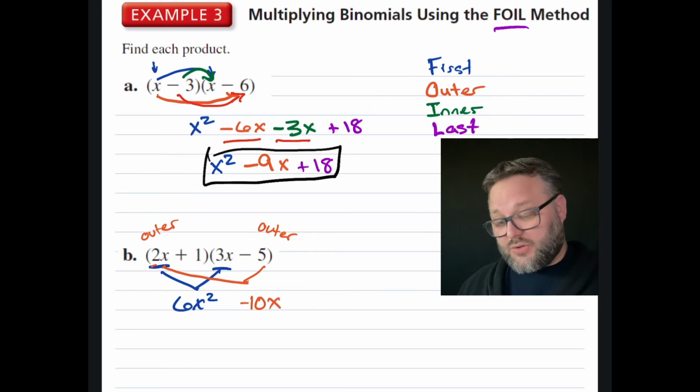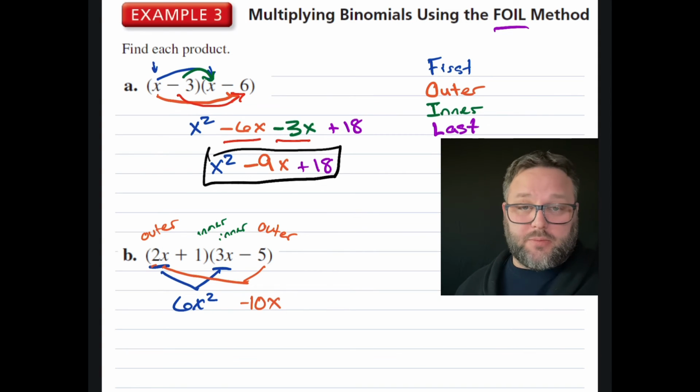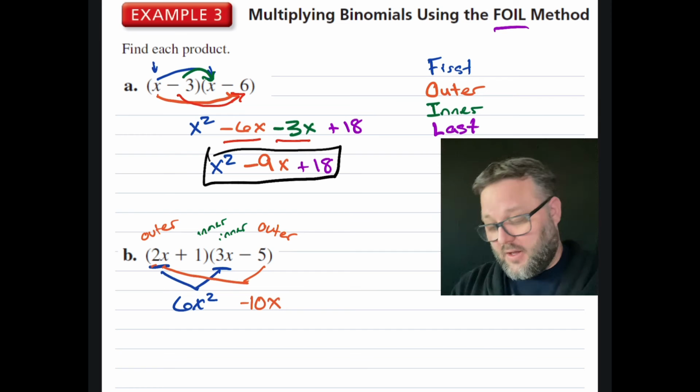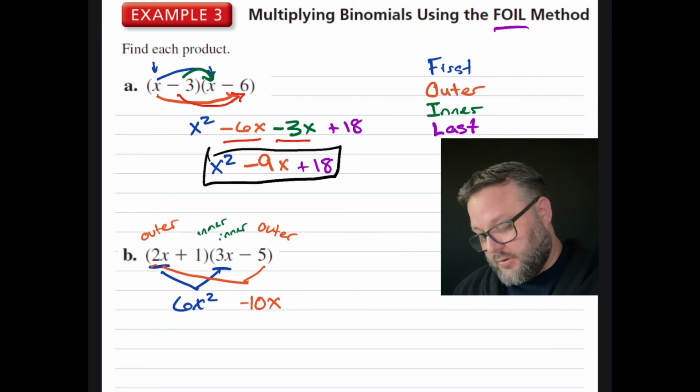Now I'm going to switch to my inner terms. My inner term is on the inside of everything, and my other inner term, because I always need two terms to be able to multiply, add, subtract, or divide. So here, it's always multiply. I have two inner terms, right here and here.